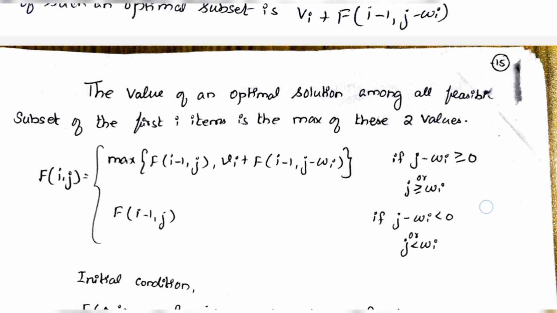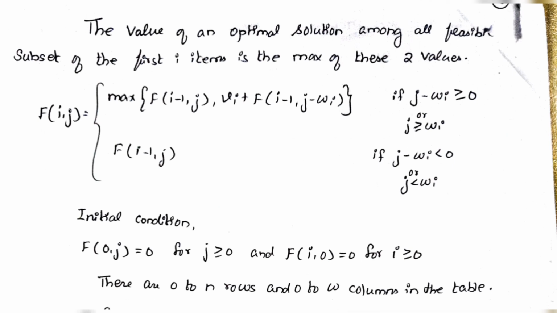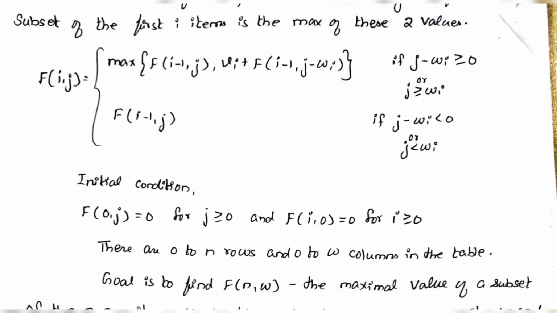The value of an optimal solution among all feasible subsets of the first i items is the max of these two values. F of i, j is the max of F of i minus 1, j and vi plus F of i minus 1, j minus wi.